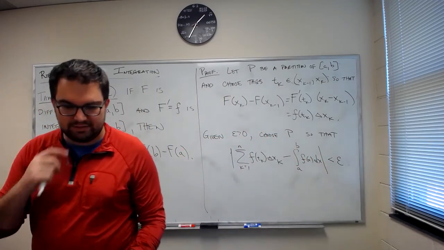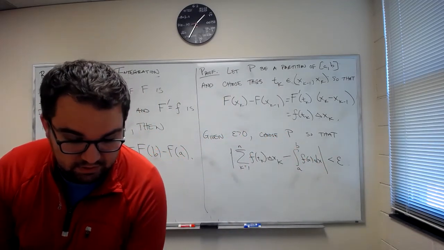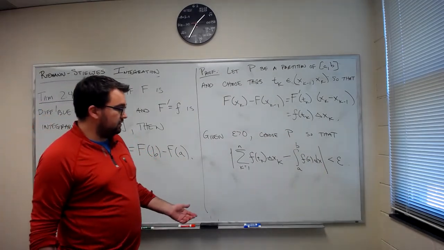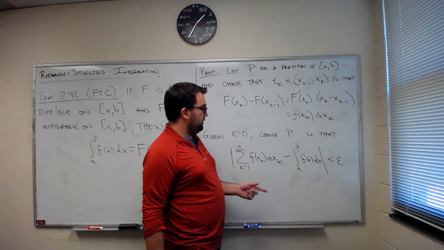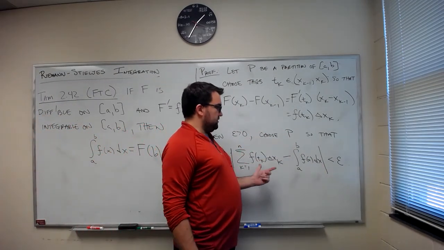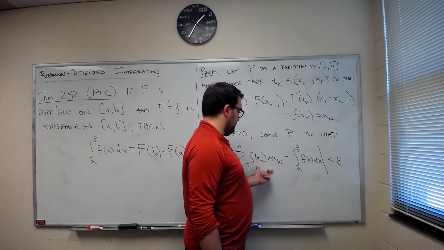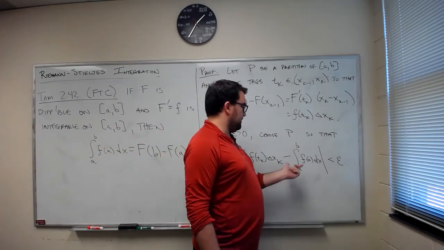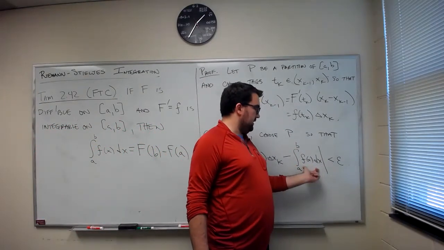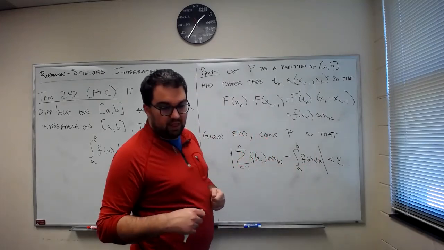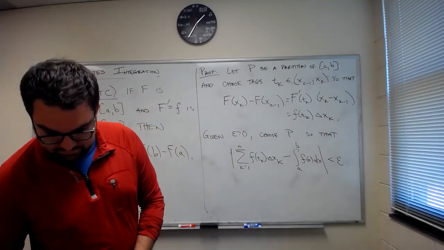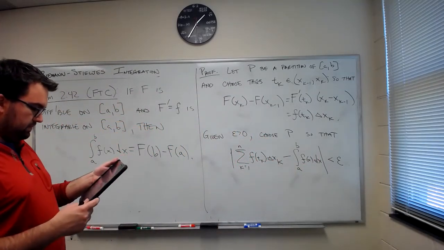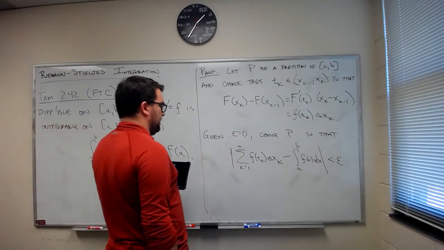So why is this true? This is because my function is Riemann integrable, right? I can choose a partition so that I can make any Riemann sum over that partition minus the integral as close as I would like. So this follows from the integrability.